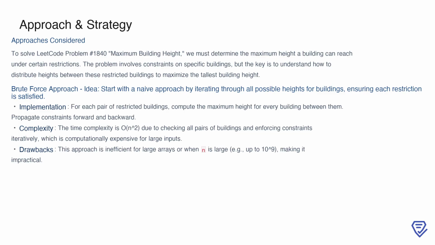However, while this approach is straightforward, it becomes highly inefficient as the number of buildings increases. The time complexity of O(n squared) arises because we repeatedly check all pairs of buildings and enforce constraints iteratively. For scenarios where the total number of buildings, n, is very large, potentially up to 10 to the power of 9, this approach becomes impractical due to its computational demands.